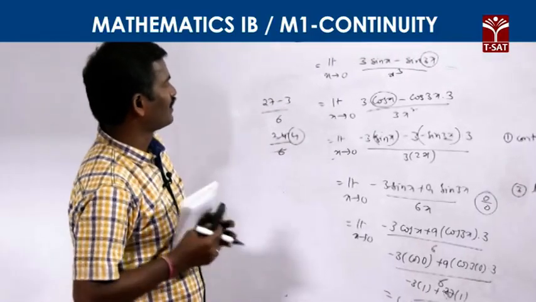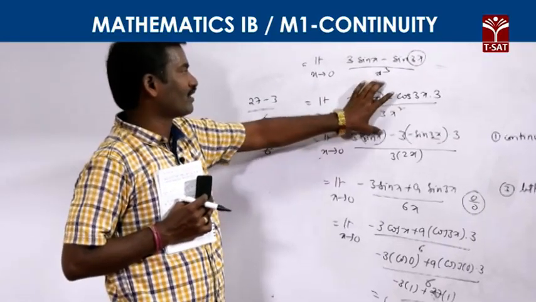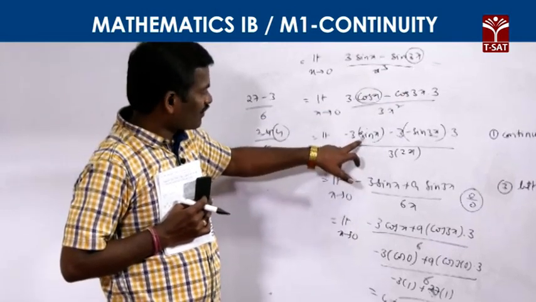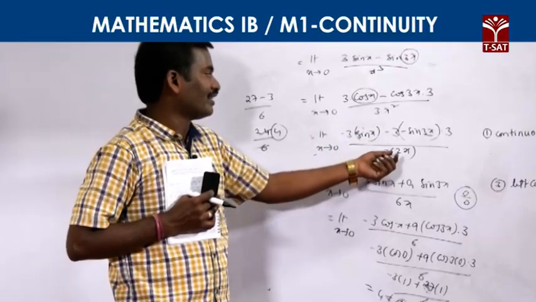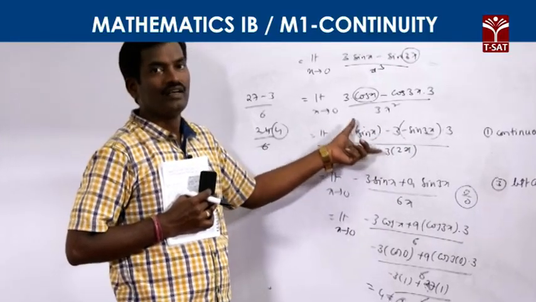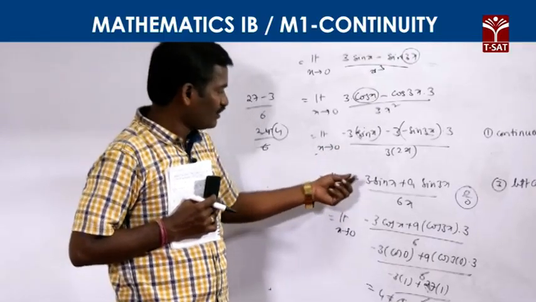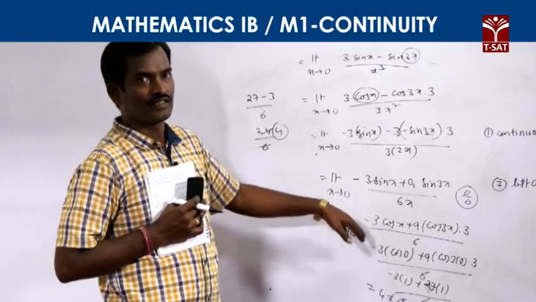See, the main thing: the first case is 0 by 0 form, so indeterminate form. So go for the L'Hospital rule, first derivative of the numerator and denominator, and after differentiating, substitute 0 again to check. Again it is 0 by 0 indeterminate form, so go for the second order derivative and check again at x equals 0.